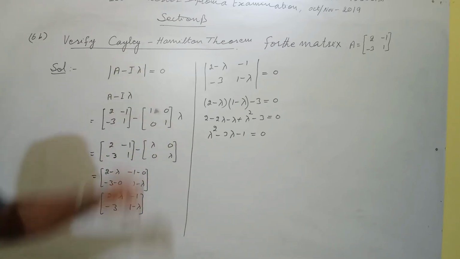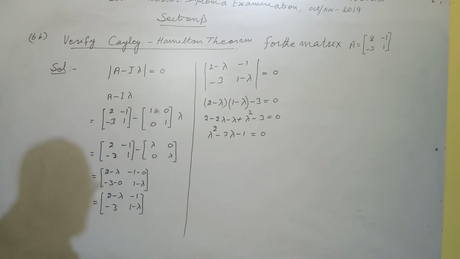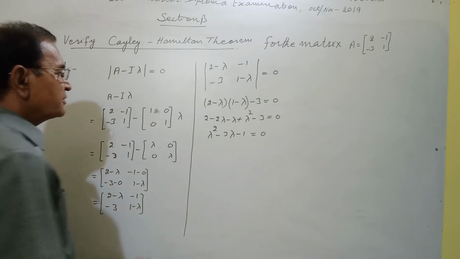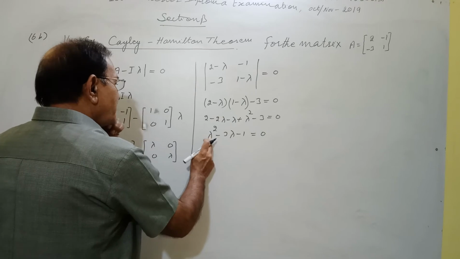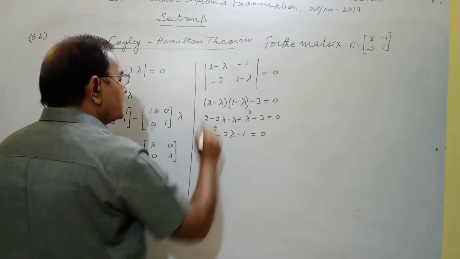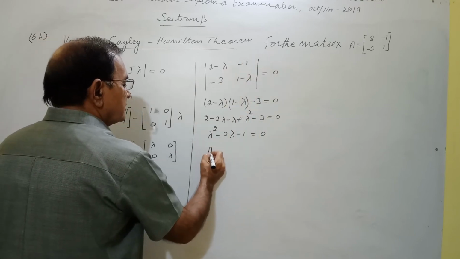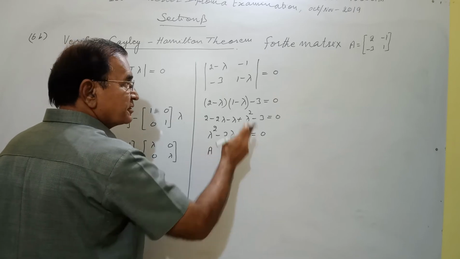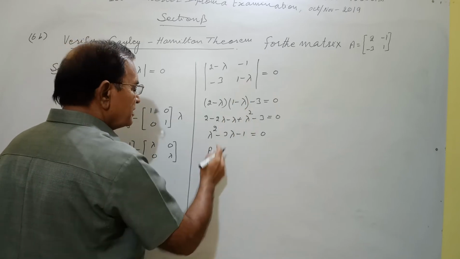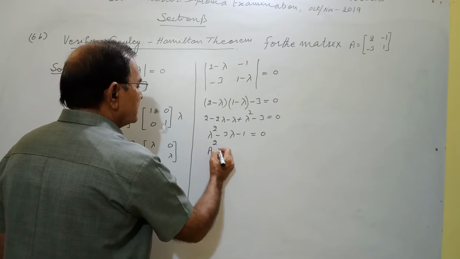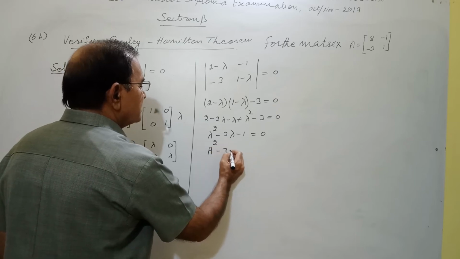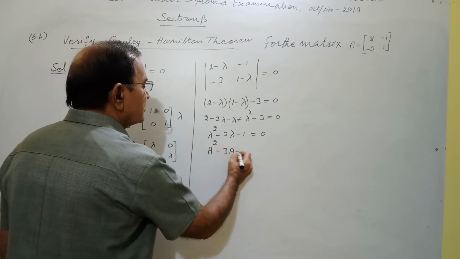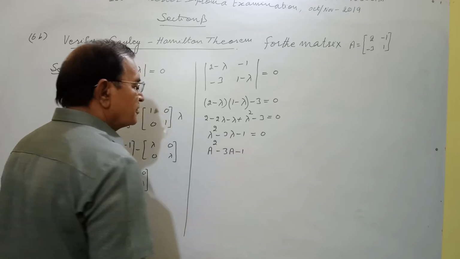We want the CH theorem. For the CH theorem, replace lambda by A. We'll get A square minus 3A minus 1.